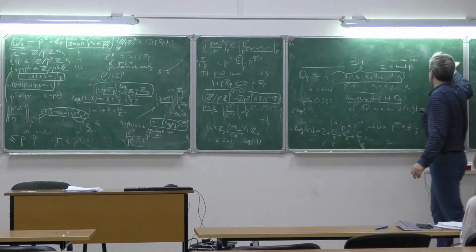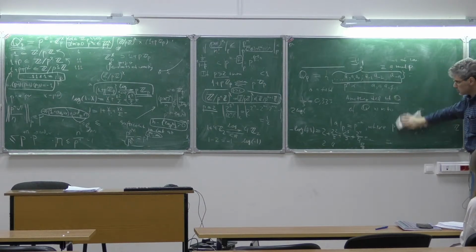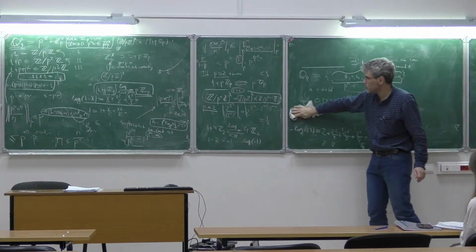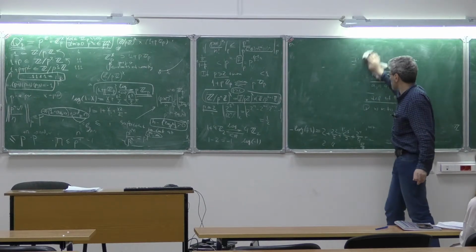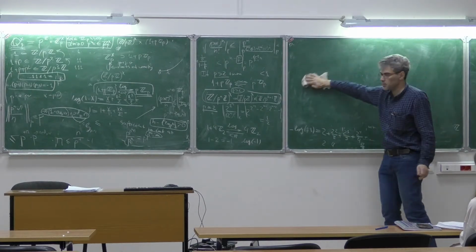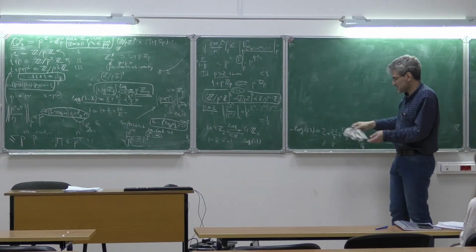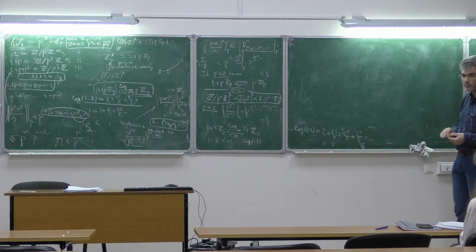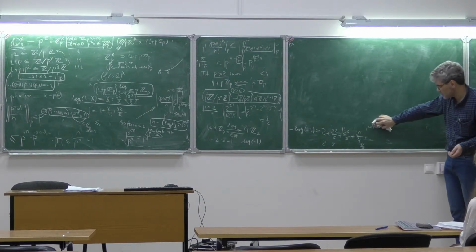But if you know this for the reals, then you know that it is true formally. And if it is true formally, then of course it is true whenever this is a convergent series.